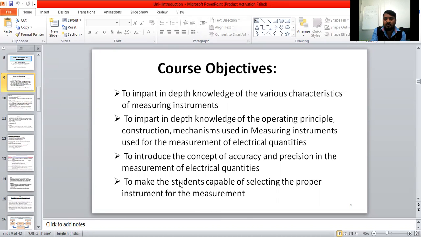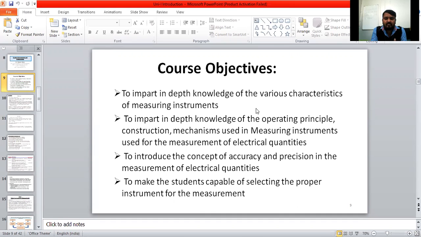So that is the objective. The objective is to make you capable of selecting the proper instrument for the measurement of voltage, current, resistance, capacitance, inductance, power, and energy. That is the main objective here.